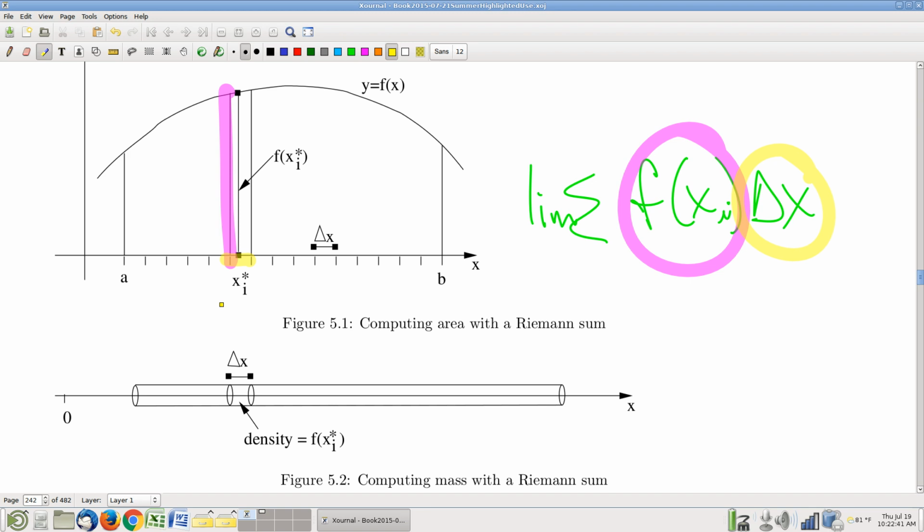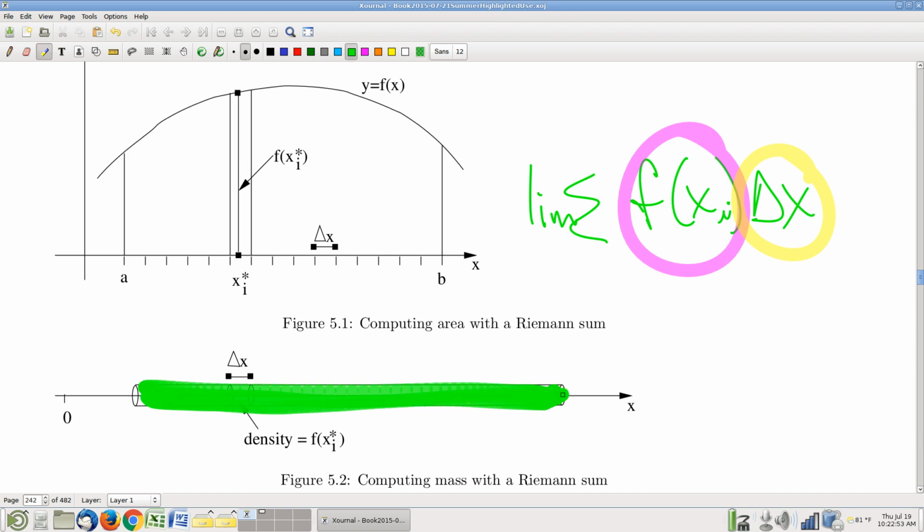But here's a totally different application of a Riemann sum. I'm trying to compute the mass of a one-dimensional rod. Y'all have probably seen these kind of questions in high school calculus classes, right? And you want to compute that. Density, mass per unit length at every point along the rod, is some function that's changing. It's not constant, right? Normally we just multiply mass per unit length times length.